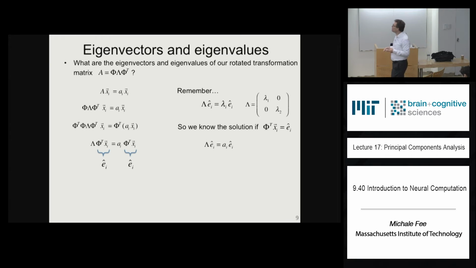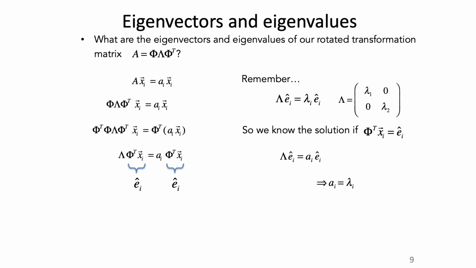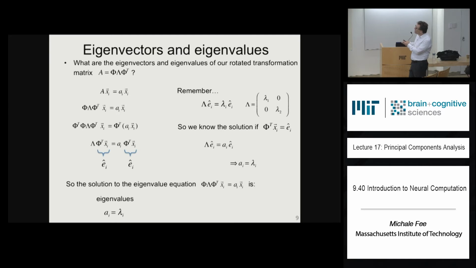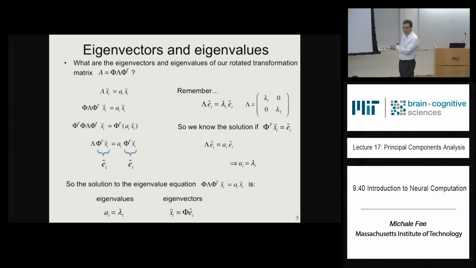Okay? So what that means is that the solution to this eigenvalue equation is that the eigenvalues, a, are simply the diagonal elements of this lambda here, and the eigenvectors are just x, where x is equal to phi times the standard basis vectors.